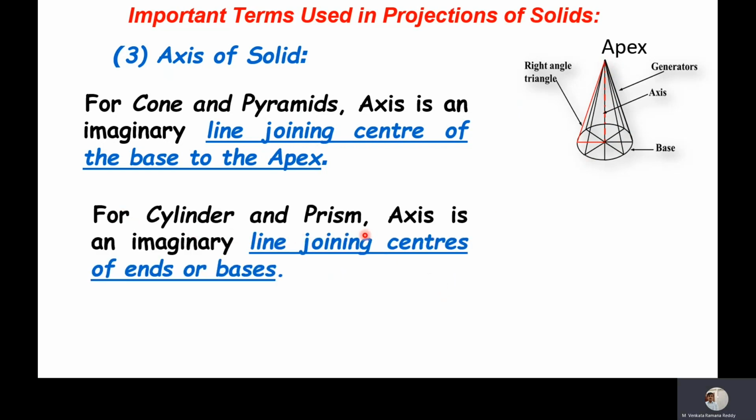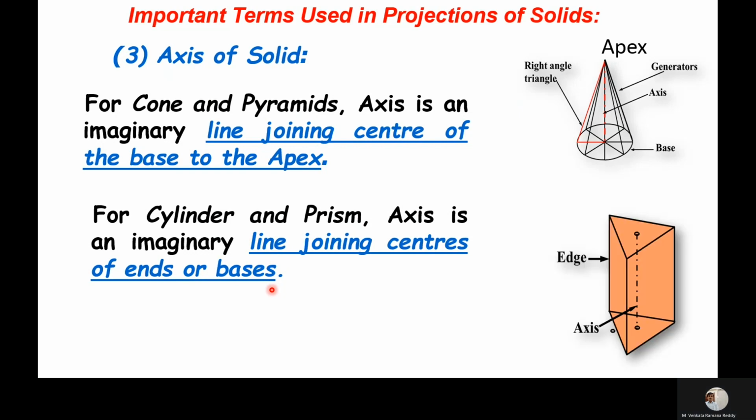For a cylinder and prism, axis is an imaginary line joining the centers of the two ends of the bases. Here, this is the imaginary line which is joining the two bases of the prism.